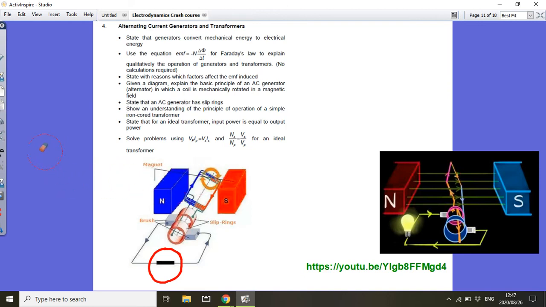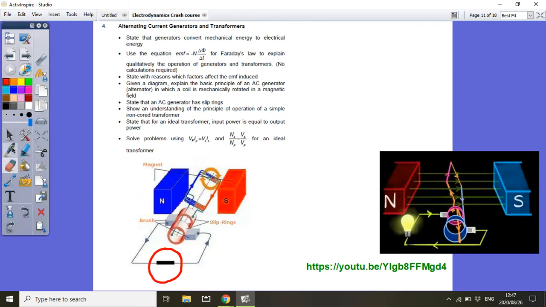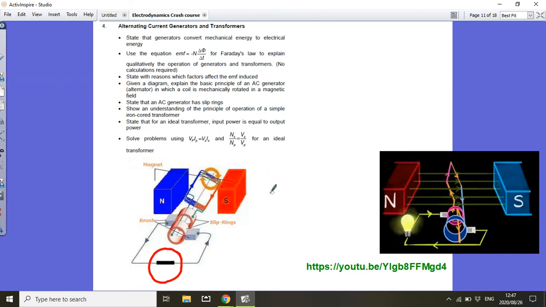So that is why we are calling a generator like this, and all generators will always give us alternating current as an output. We're going to look at how to rectify this when we look at the transformers video, but alternating current is always what is produced by a generator, except if you go and rectify it.